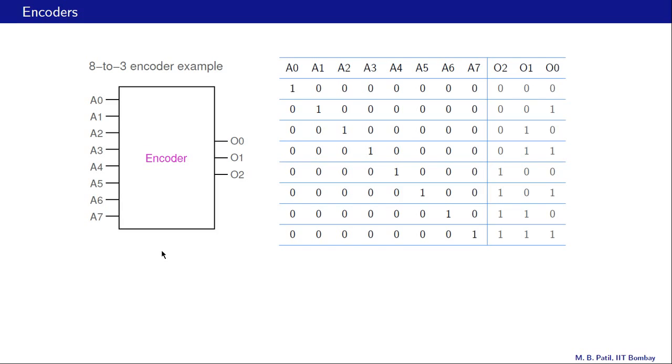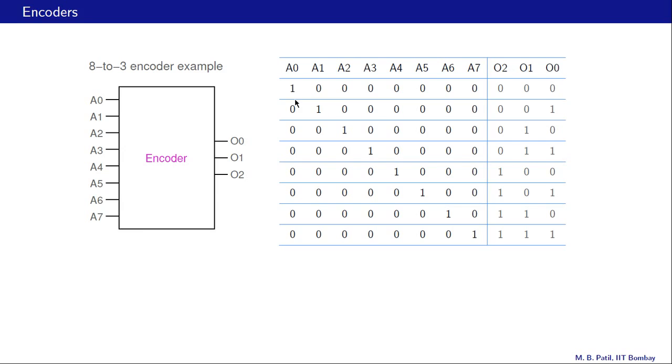Alright, so here is an 8 to 3 encoder example. We have 8 input lines and 3 output lines. And here is the truth table. And we will of course assume that only one of these input lines is active. And these are all active high pins, so therefore active means 1. In this row, for example, the active pin is A0.